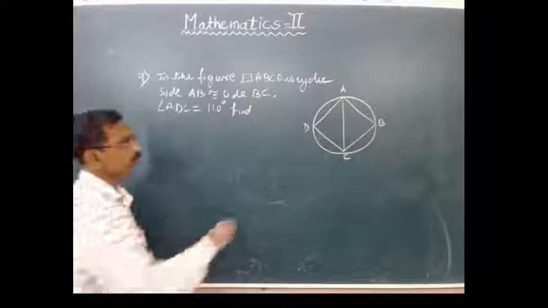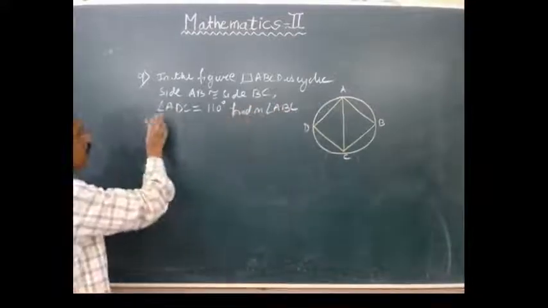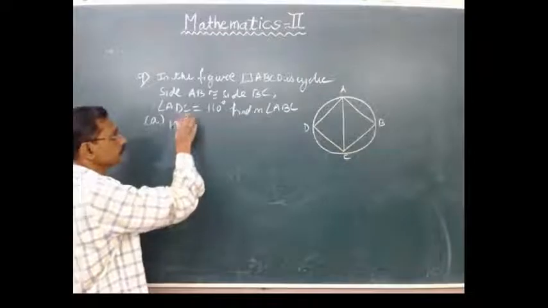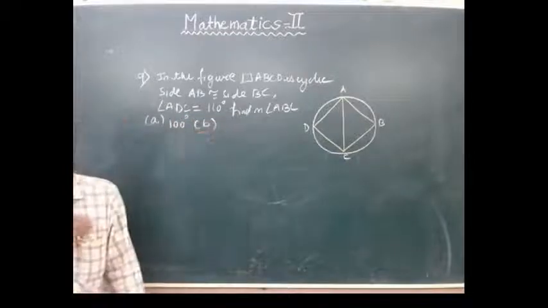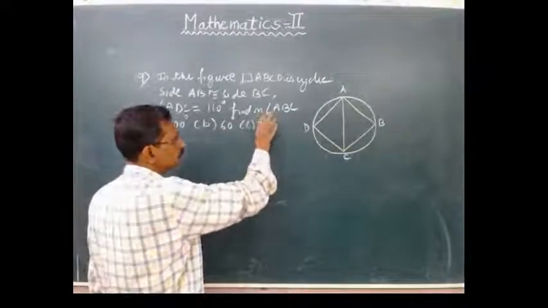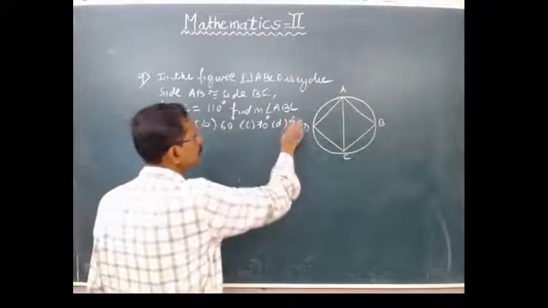Our option A is 100 degrees. Option B is 60 degrees. Option C is 70 degrees. And option D is 40 degrees.